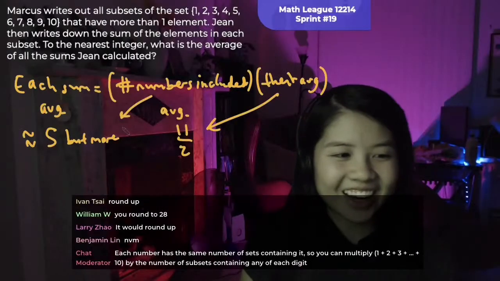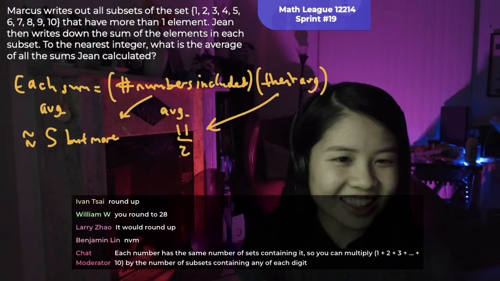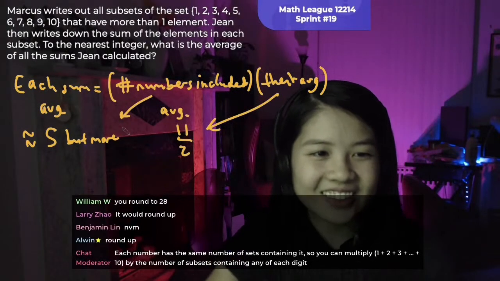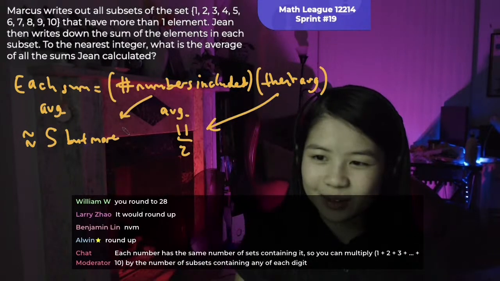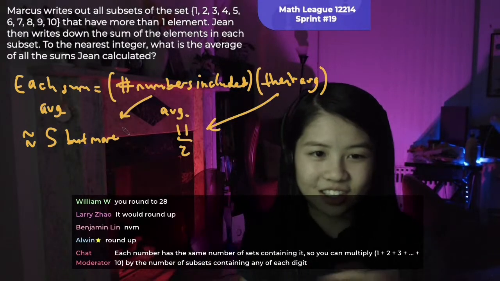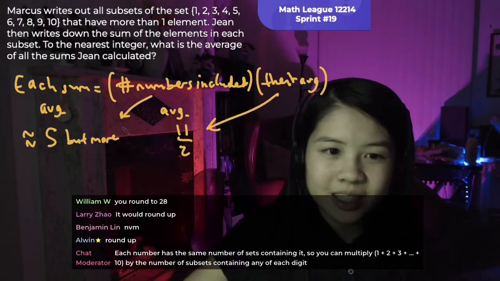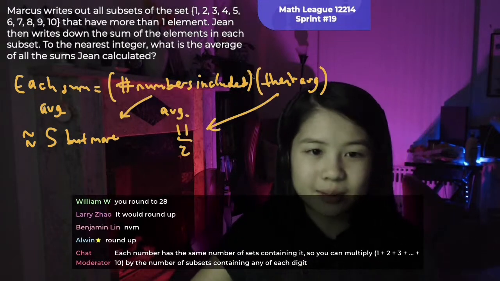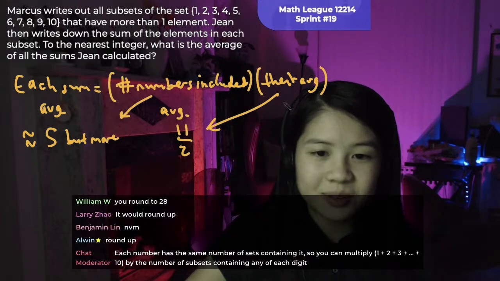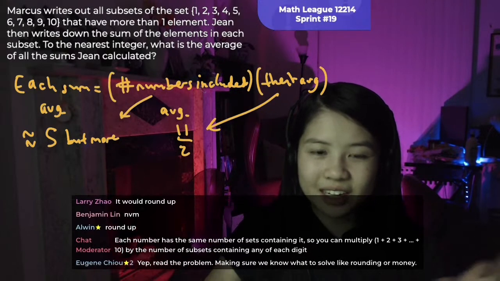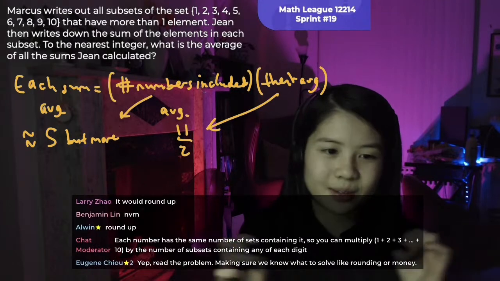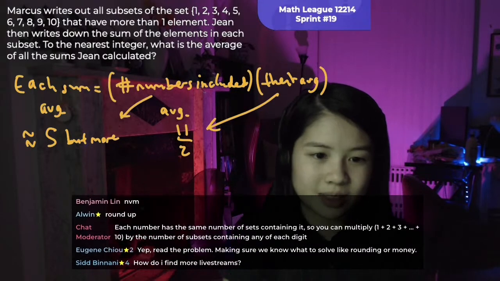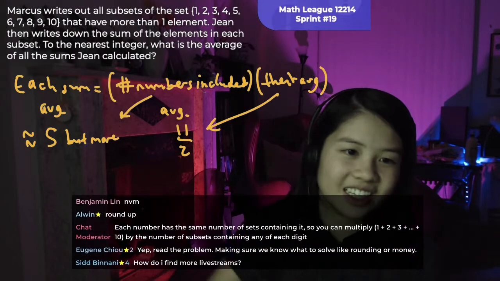Okay, I have not completely figured out this solution yet, but I was thinking about how we're looking for the average over all the sums, and each sum is equal to the number of numbers in the sum times their average. I was thinking about how to find the average of each of these separate components and then multiply them together, because that should be basically the answer, right?